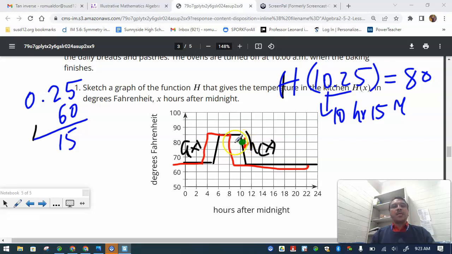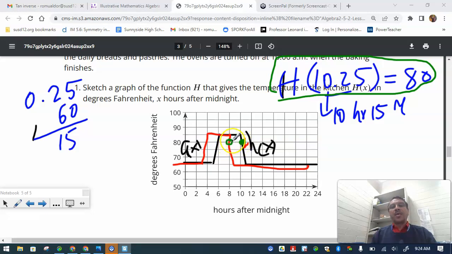Then another question is asking: if this is h(10.25) = 80, then what would be the corresponding point on the graph g? So you have to go here and ask what the corresponding point is. Look at it. This is going 2 hours back.